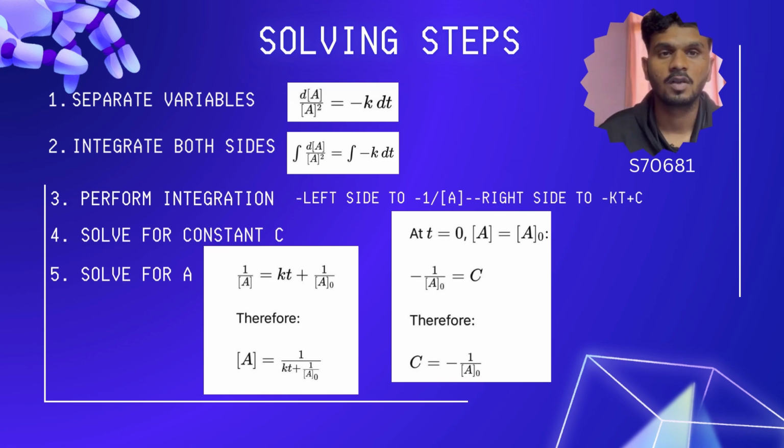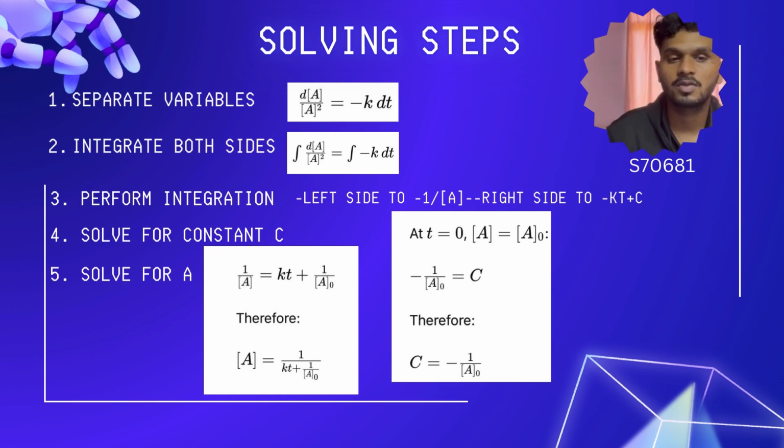So for the solving steps of the problem, at first we have to separate the variables from the second order rate law, and then we have to integrate both sides, which gives us on the left hand side negative 1 over A, and on the right hand side negative kt plus C. After that, we have to solve for the constant C by substituting t equals 0 and A equals A0, which gives C equals negative 1 over A0.